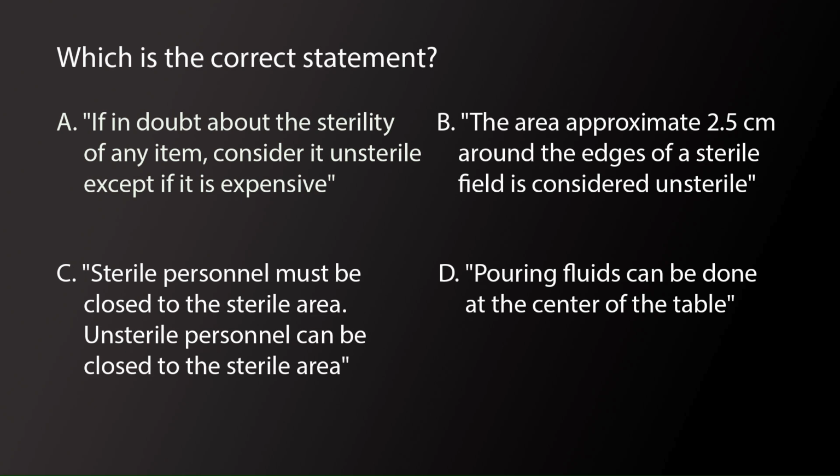Option C, sterile personnel must be close to the sterile area; unsterile personnel can be close to the sterile area. Option D, pouring fluids can be done at the center of the table. The correct answer is option B. The area approximately 0.5 centimeters around the edges of a sterile field is considered unsterile.